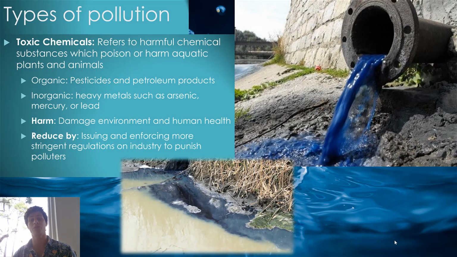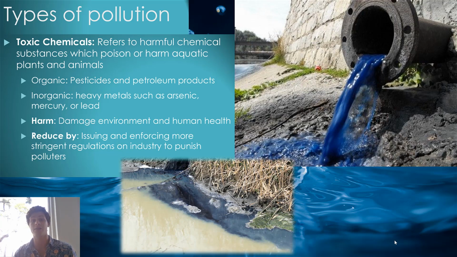Moving into the different types of pollution, we are first going to be talking about the most readily thought of form of pollution when we are thinking of water pollution in general, and that is toxic chemicals. These refer to harmful chemical substances which harm or poison aquatic plants and animals. So this can take the form of organic toxic chemicals.